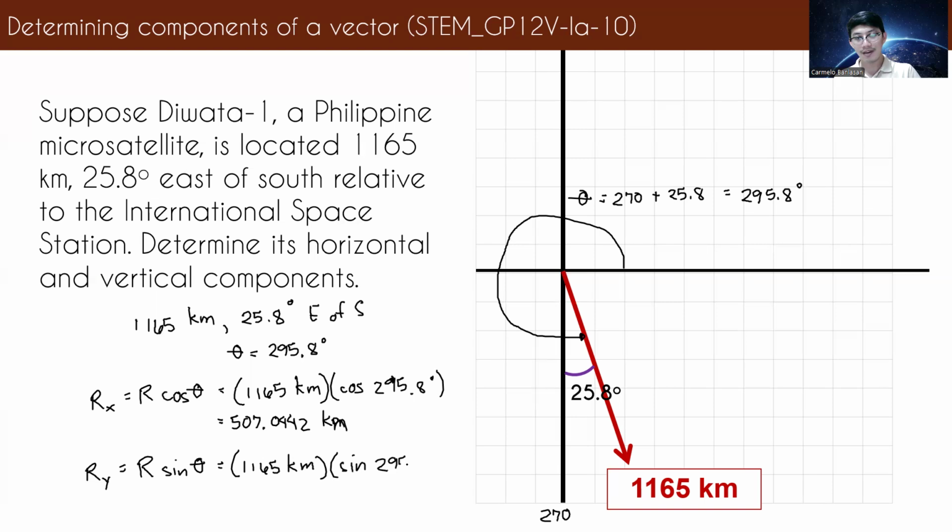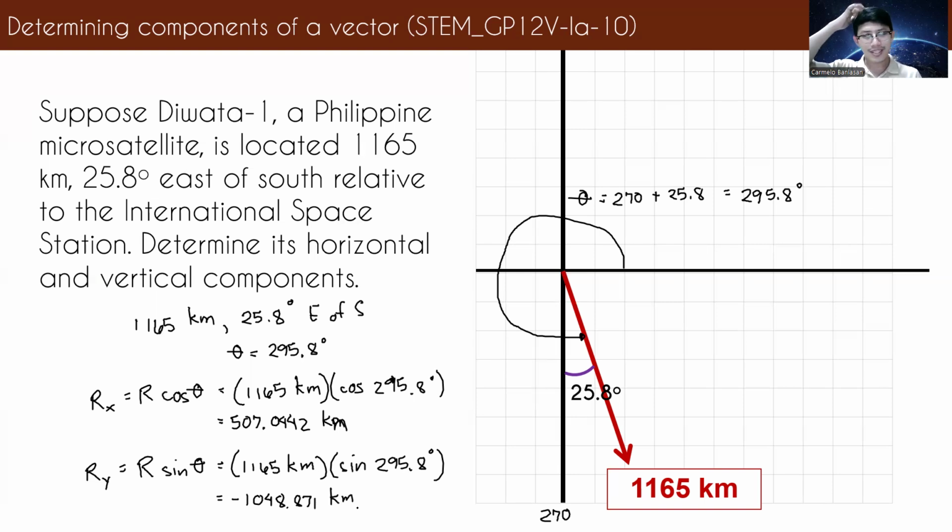Now, for Ry, we have 1,165 kilometers multiplied by sine of an angle, that's 295.8 degrees. That's 1,165 times sine 295.8. That's negative 1,048.871 kilometers.